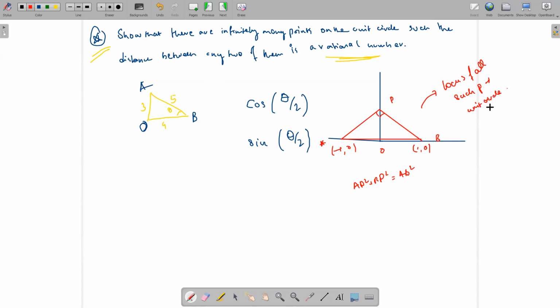So let this point be some x comma y. What are the coordinates? Suppose this is some A and this is B. So X should be equal to a square by 2 minus 1, right?